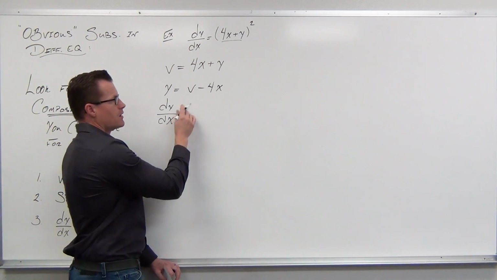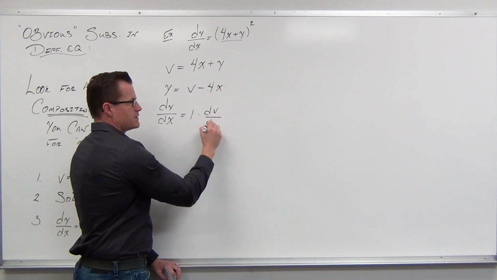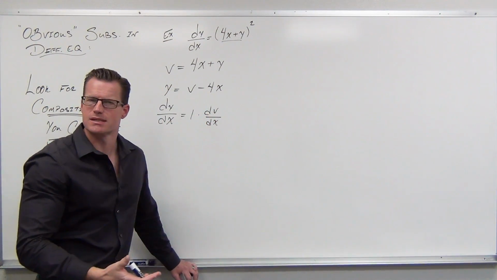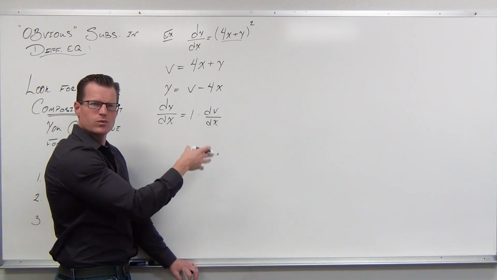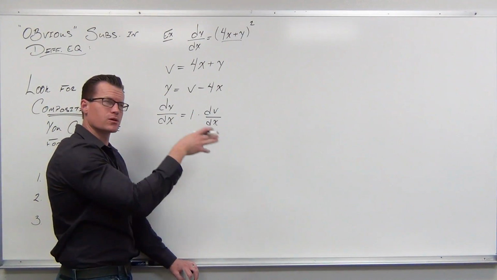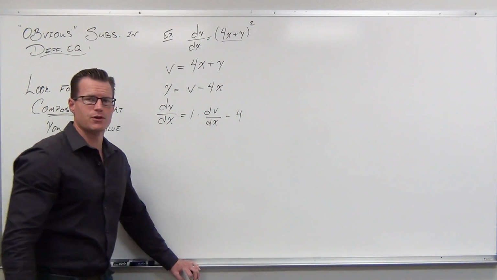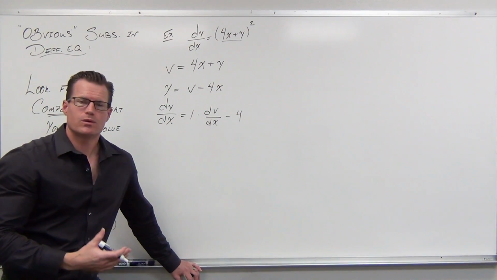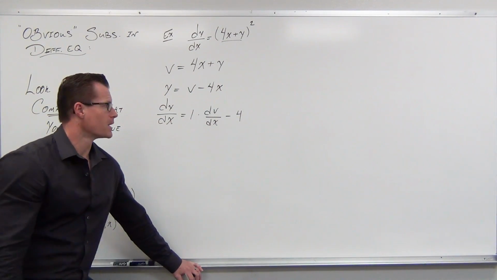So we're going to have the derivative of v as 1 times dv dx, because it's an implicit derivative, just like from Calc 1. We typically don't even write the 1, we just realize that that's a chain rule, we're going to write dv dx. Minus 4, because we're taking a derivative with respect to x, we don't need to write dx dx, well that's just 1, so we don't really care about that.